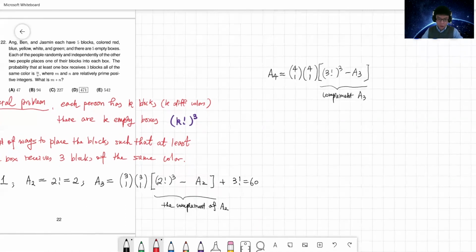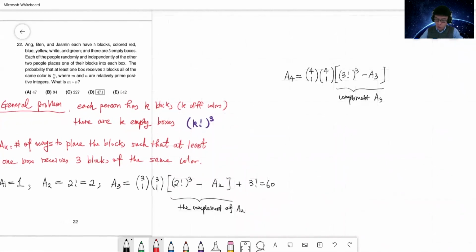And next, we consider 2 boxes with the same color. So we should choose 2 boxes. And then we place 2 colors in 2. We choose 2 colors, right? 1 goes to 1 box here. The first box has 4 choices for the color, and the second box has 3 choices for the color.